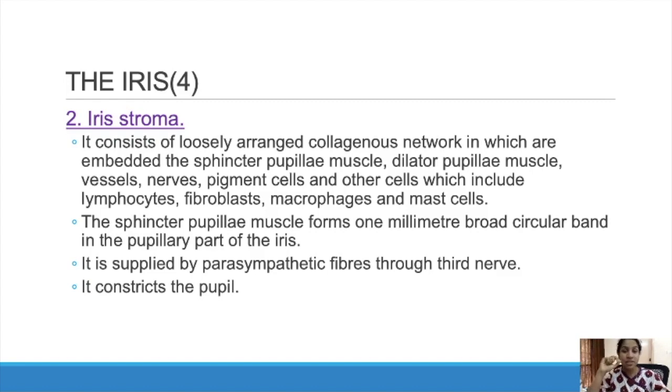So that is very much important. The pupil will decide how much light should fall on the retina, right? But that pupil's dilation and constriction is controlled by the muscles present in the iris. In that, the constriction of the pupil is by the sphincter pupillae muscle, which is supplied by parasympathetic fibers.